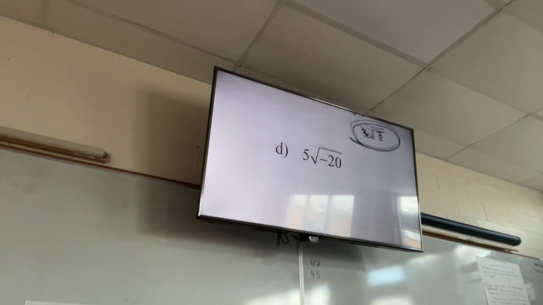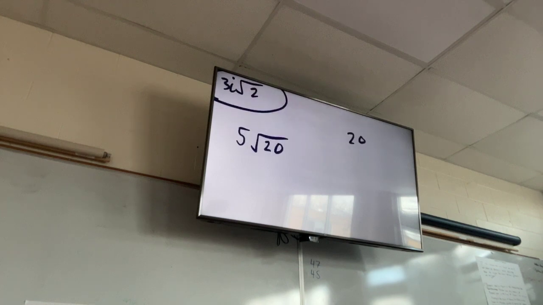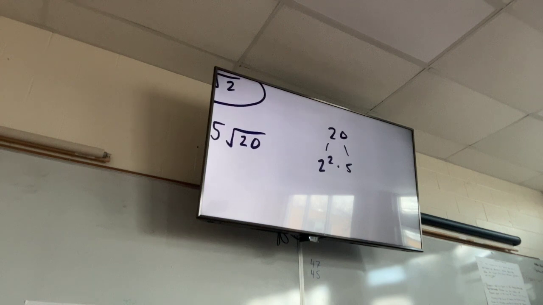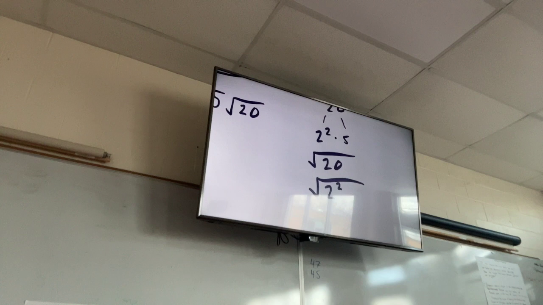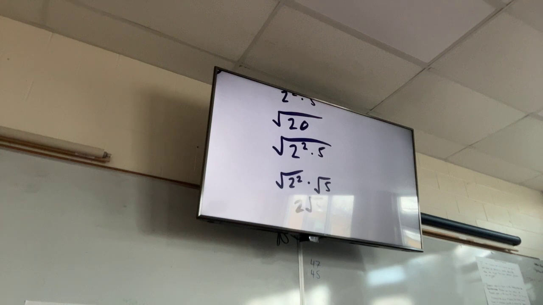D, right? So let's ignore the negative. Let's just do 5 times positive root 20. Okay, 20, if you do the prime factorization, you get 2 squared times 5. So square root of 20 is the same as square root of 2 squared times 5, which is the same thing as square root of 2 squared times square root of 5, which is 2 root 5. Okay.